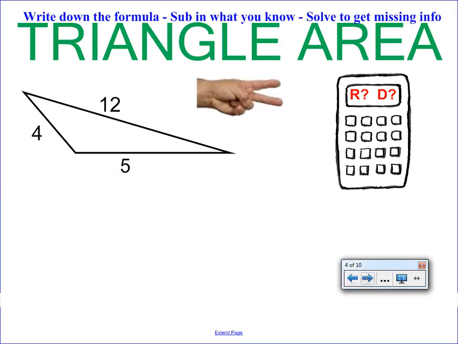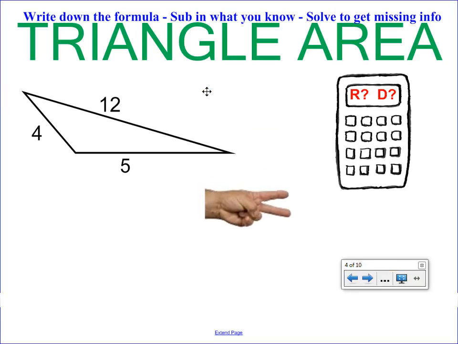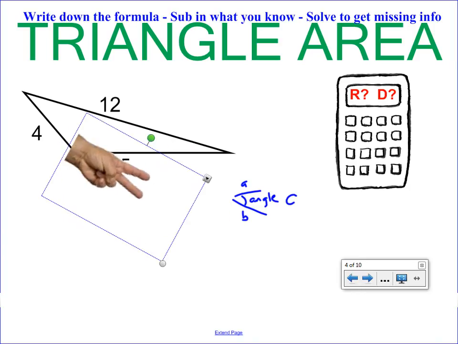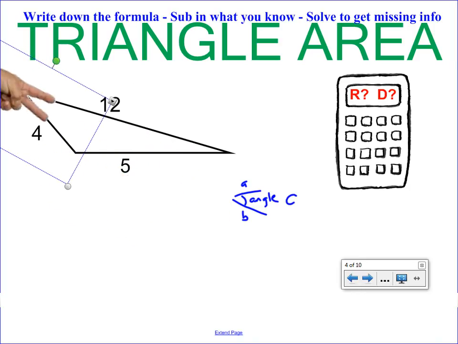Okay? Triangle area. Now, if you do this with your hand, then this is the angle, C, usually we say. And these lengths are A and B. So it doesn't matter which one is your angle. Here, that could be the angle.